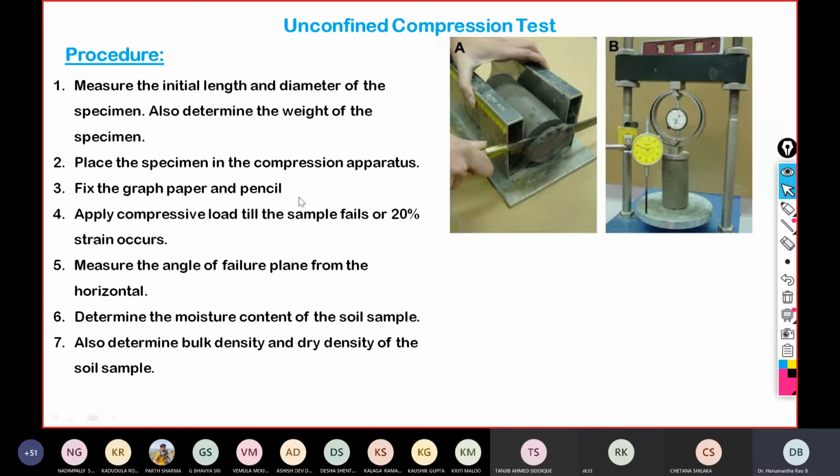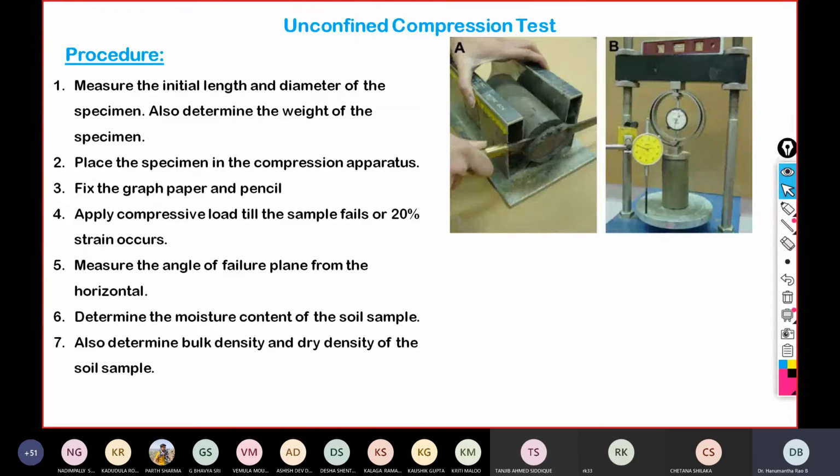So fix the graph paper and pencil. This is for the case of LVDT. Then apply compressive load till the sample fails or 20% strain occurs. Normally, if the soil sample is fully saturated, we usually can't experience a well-defined failure plane. In those circumstances, in order to have a fair understanding, we apply 20% strain.